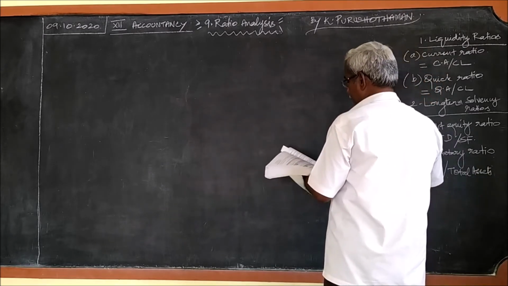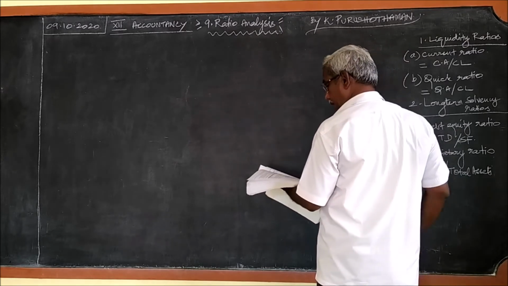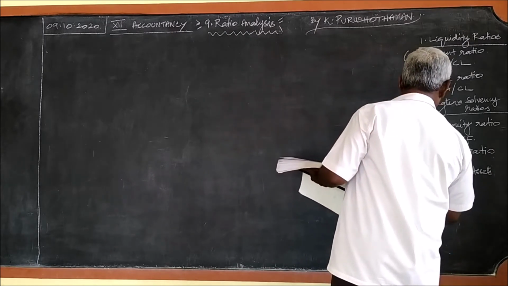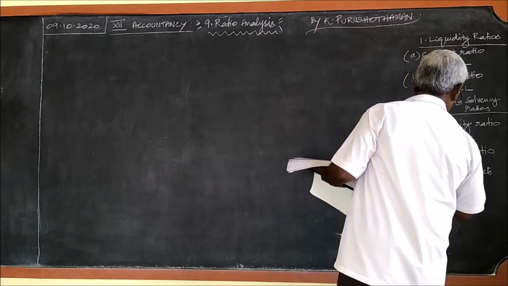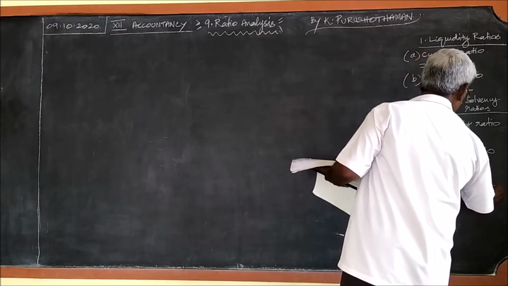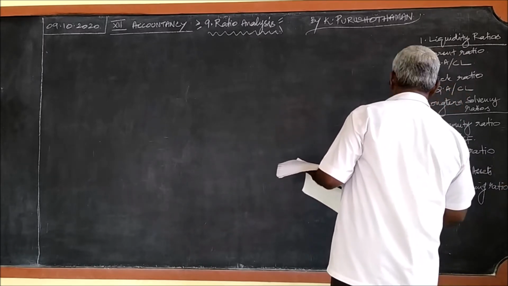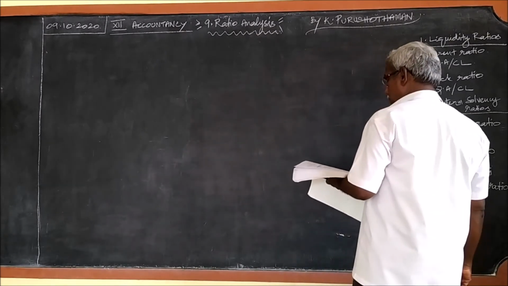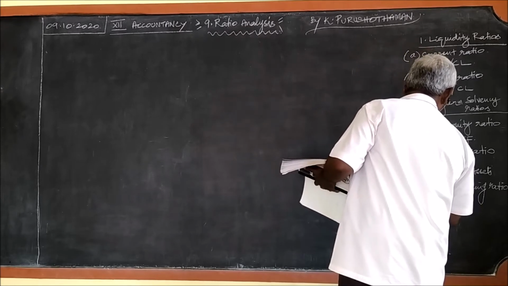Third one is capital gearing ratio, which is equal to, how can this ratio be found out?